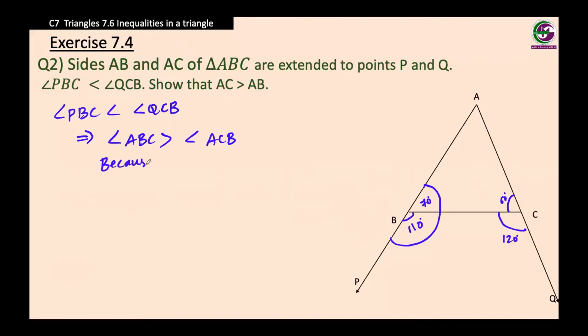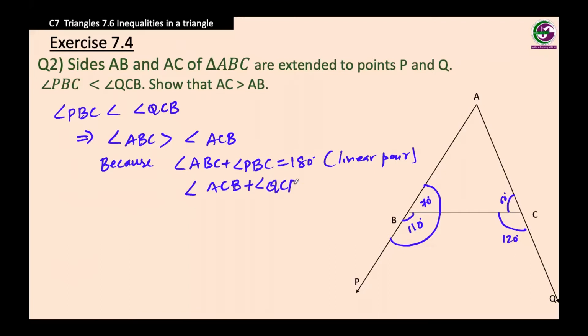Because angle ABC plus angle PBC should be equal to 180 degrees, a linear pair or straight line. In the same way, angle ACB plus angle QCB is also equal to 180, same reason.